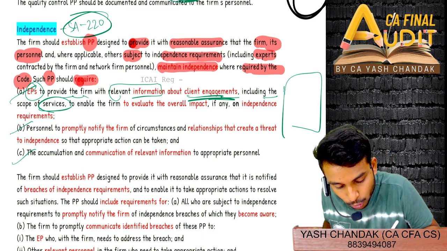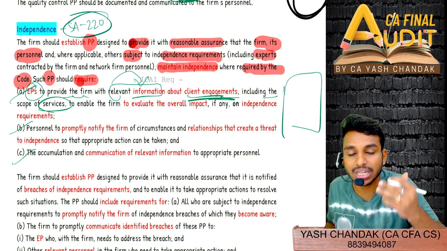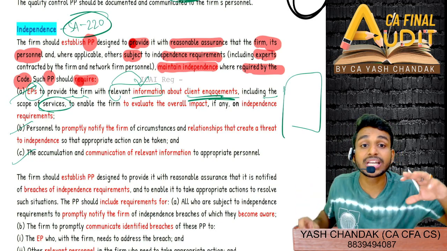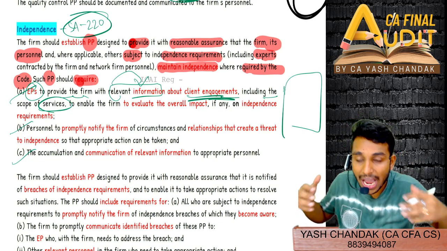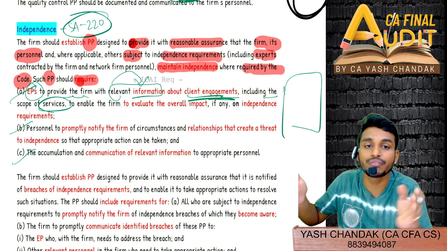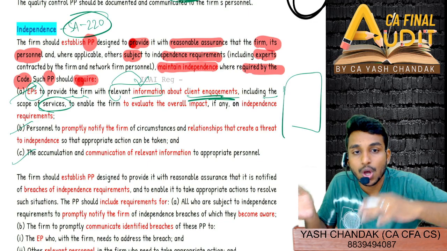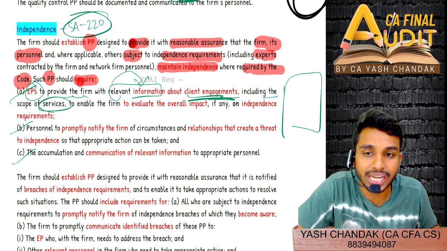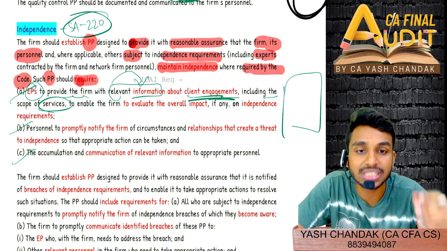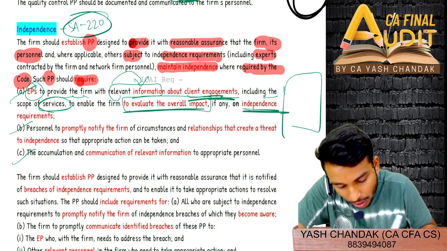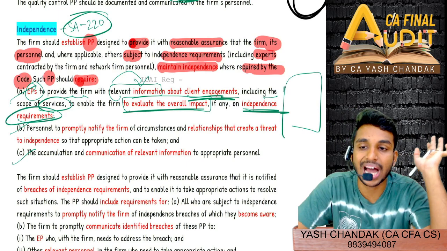The engagement partner needs to provide all the relevant information about the client: who the directors are, who the key managerial persons are, so that we are aware whether we are related in any way to the directors or KMP of the company, or the subsidiary or the associate of the company. So all the client-specific information has to be provided by the engagement partner to evaluate the overall impact on the independence requirement. First point, are we clear?